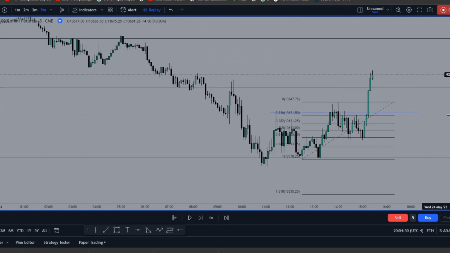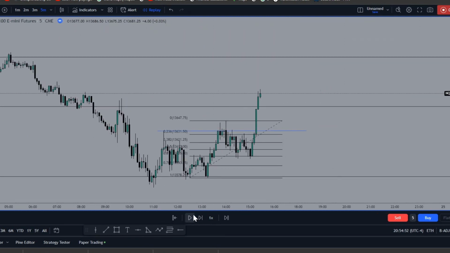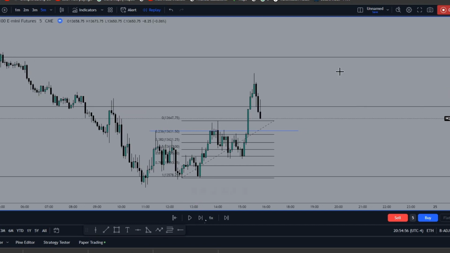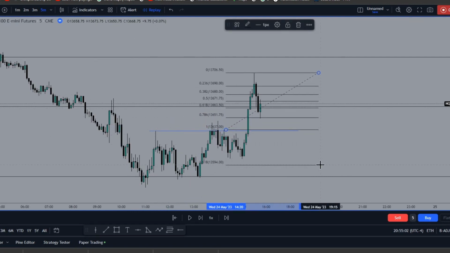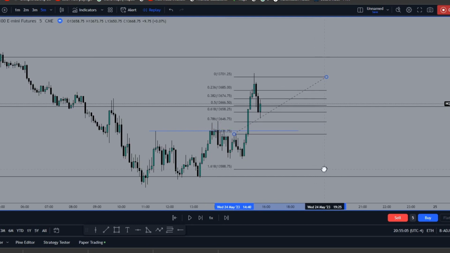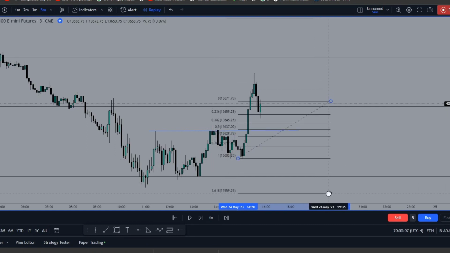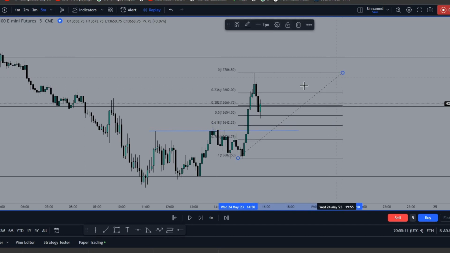Look at this. Huge move up to the upside. And look again, another entry after we break structure again, right? These are the high probability trades. You get big rewards on these trades.